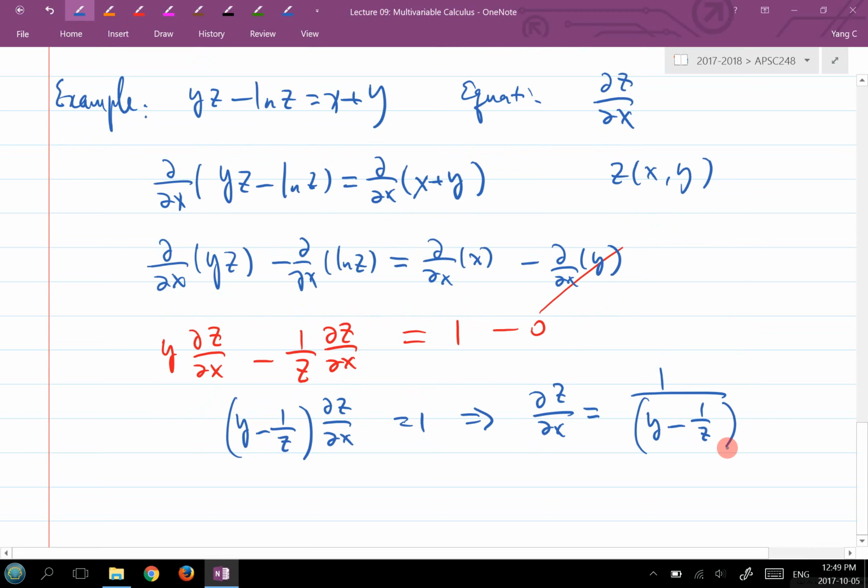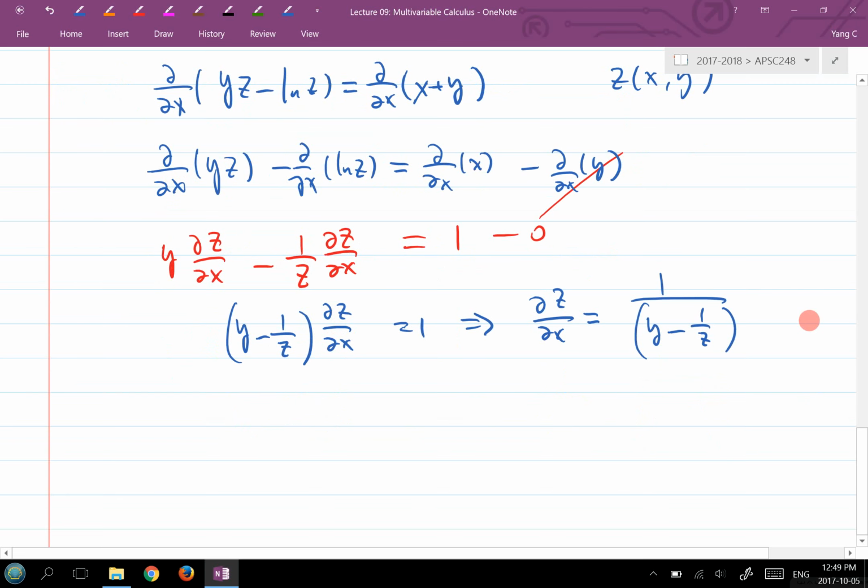So it's a slightly different type of example of how you can get the partial derivative based on an equation. But you have to be careful here. This one works, but it doesn't necessarily always work. If you are given a completely different expression, this approach may not give you an answer for partial z over partial x. But that's one way to try it.